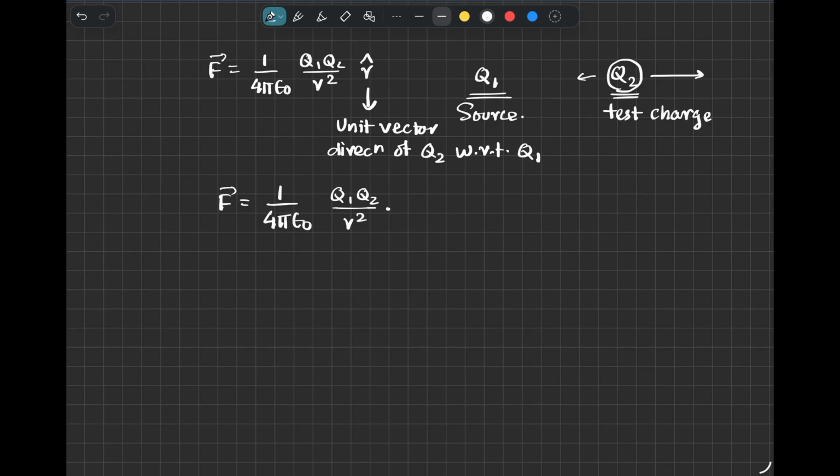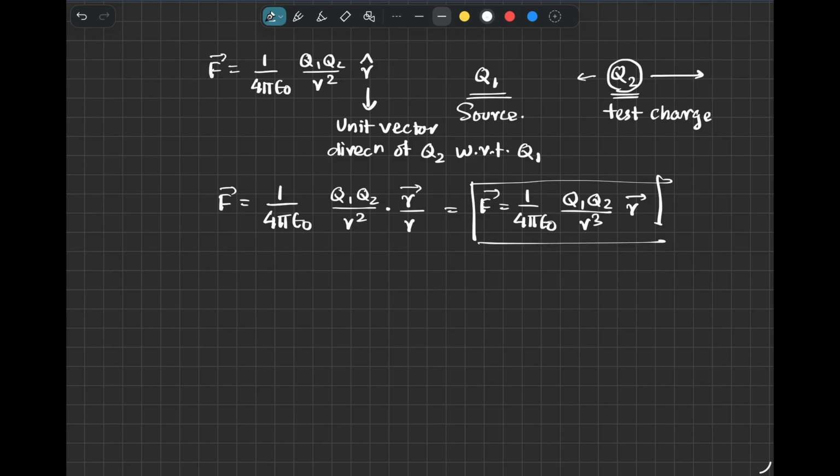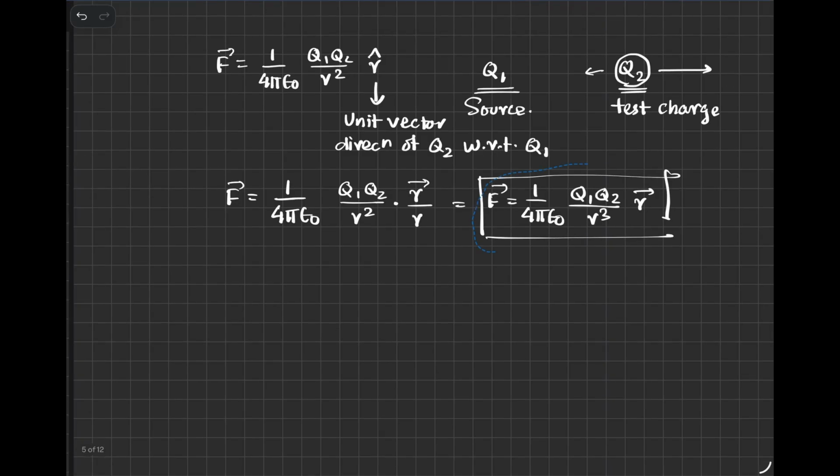But instead of r cap, I can write r vector by r, because a unit vector is the vector divided by its magnitude. So this will come down to F equals 1 by 4 pi epsilon naught into q1 q2 by r cube into r vector. So this is our vector form, Coulomb's law in vector form.